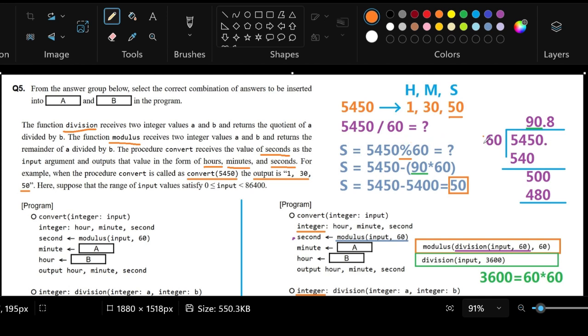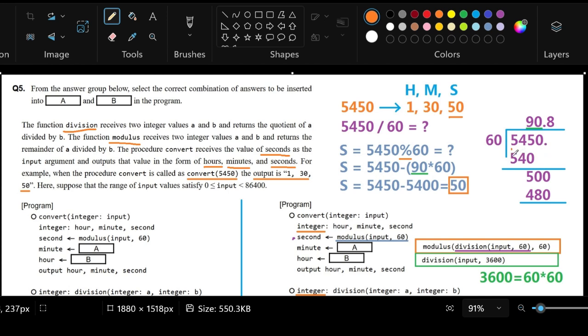And therefore, if we are dividing 5450 by 60 to see if there are any remainders, the way to do that would be to come up with this form of division. I think it's called long division, and we put 5,450 here and 60 on the other side, and we go through the digits one by one from left to right.